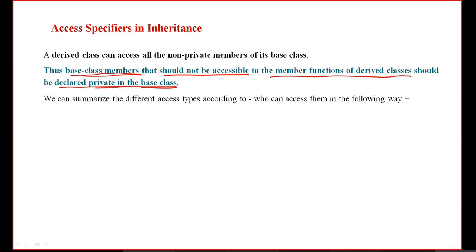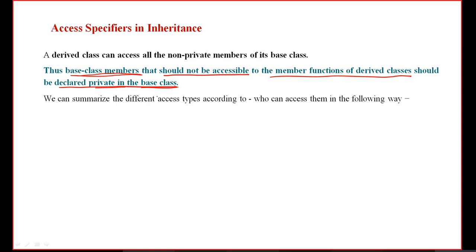As simple as that. We saw only private data members are not accessible. Apart from that, protected and public can be accessed in my derived class. So if you want something to be private, not shared with the derived class, then declare that in the private section of the base class.